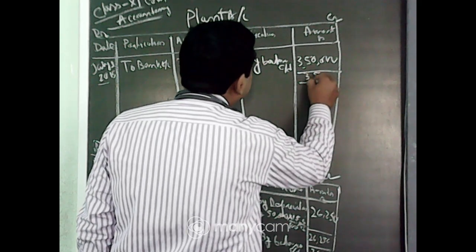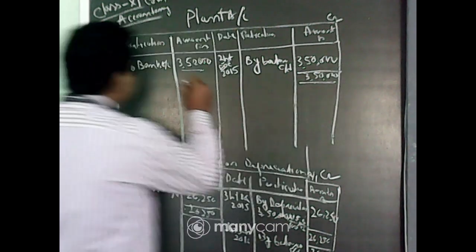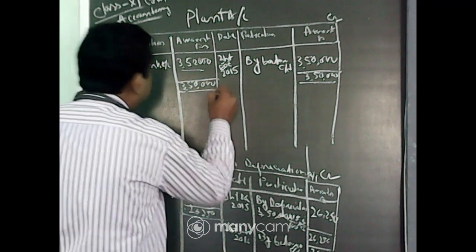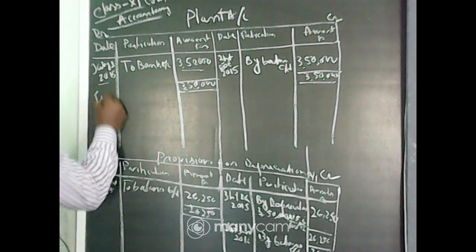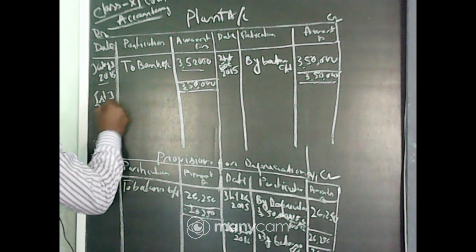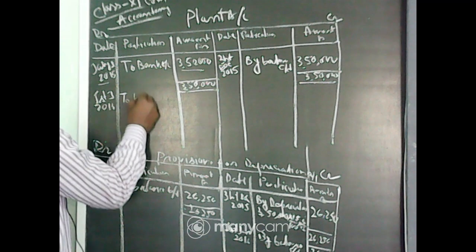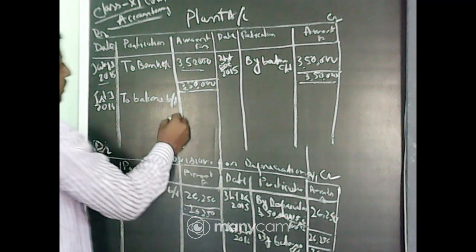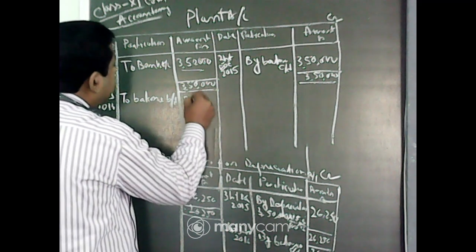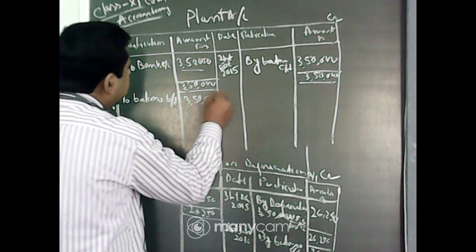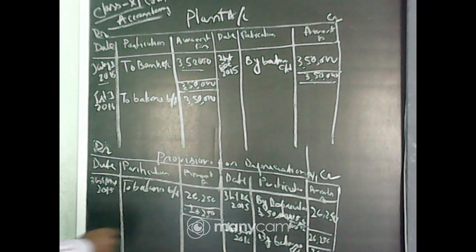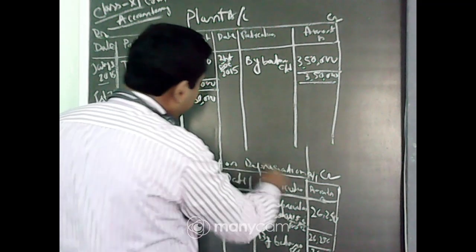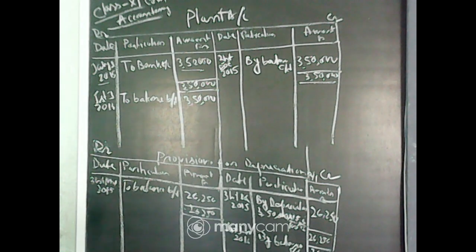So both sides are same, 3,50,000, 3,50,000, and next 1st January 2016 to balance BD, that is 3,50,000. We do not charge any depreciation here. The same value we transfer next year. So, we will be maintaining here just the original cost, and all the depreciation will be charged to the provision for depreciation account.